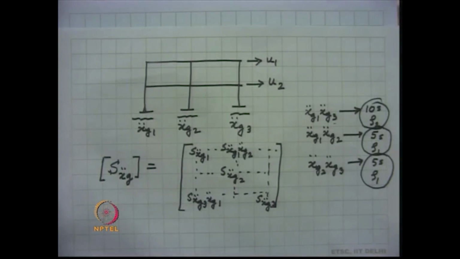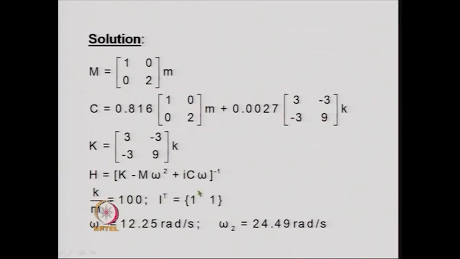So, this is the I matrix. You can see here the I matrix is equal to 1 1, because the ground excitations at the three supports are assumed to be the same, they are not different. Therefore, the influence coefficient vector will be equal to 1 and 1.